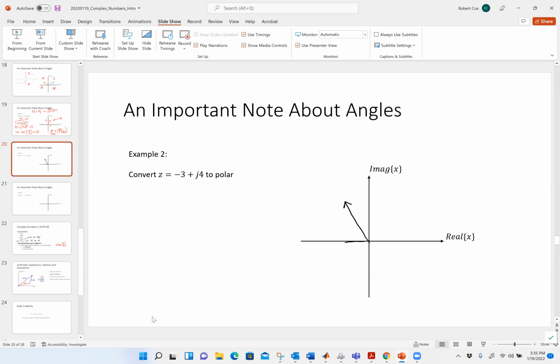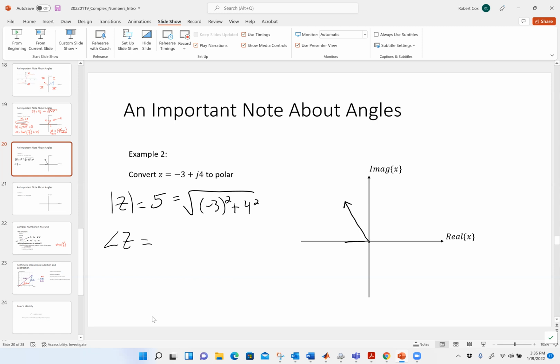Now, what's the magnitude of that? What would the magnitude of z be? Still 5, right? It would be, in this case, negative 3 squared plus 4 squared. What's the angle of z? How would I get that?